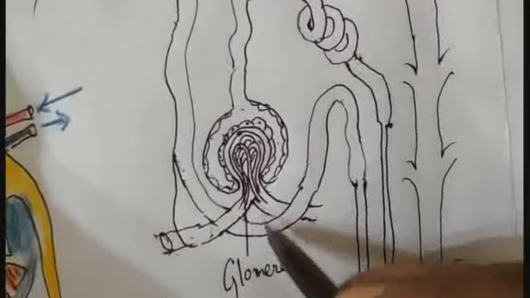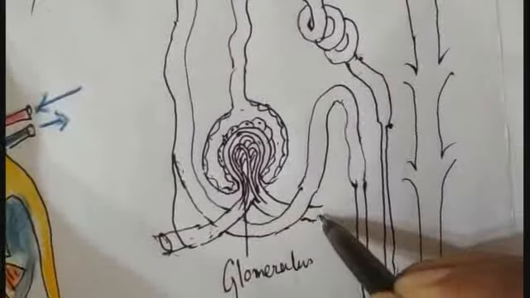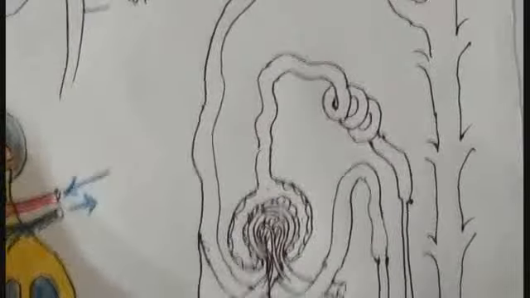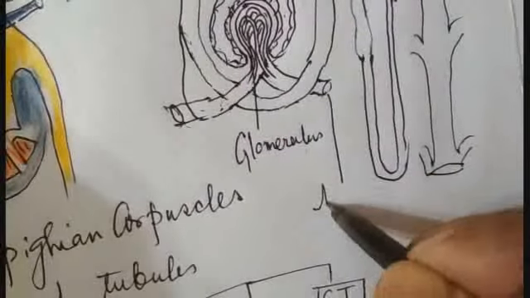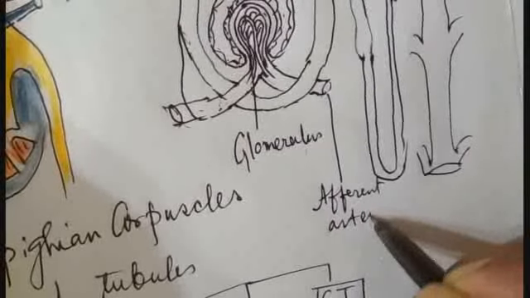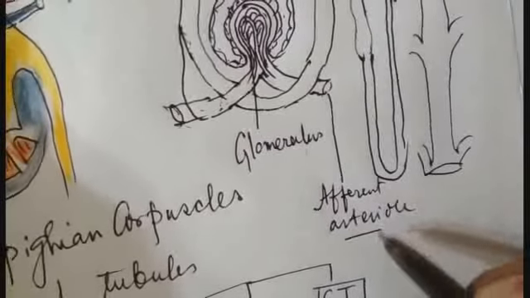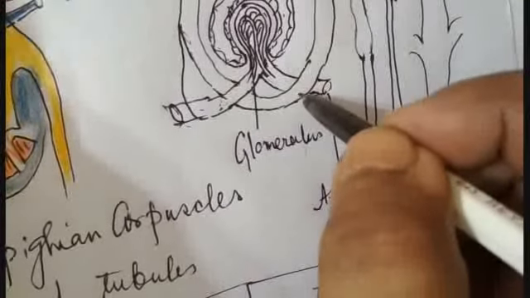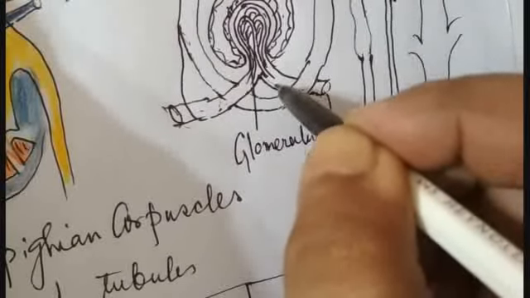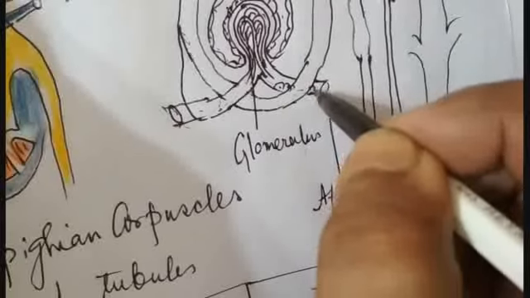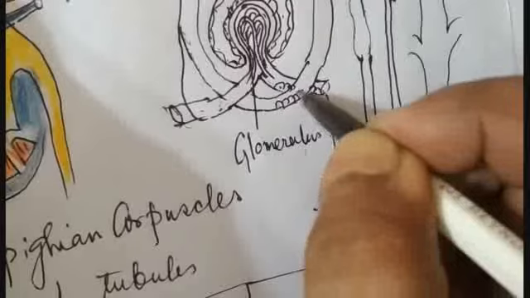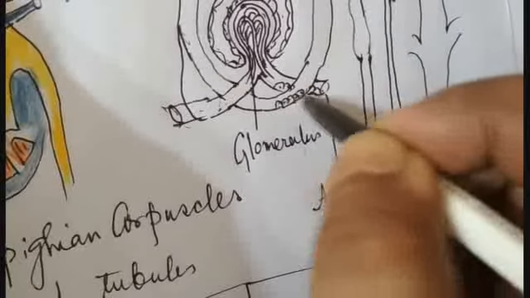Here a specialized structure is formed where the afferent arteriole, this one is the afferent arteriole, comes in contact with the distal convoluted tubule. The structure of the afferent arteriole changes to form juxtaglomerular cells, and the cells of the distal convoluted tubule form the macula densa.